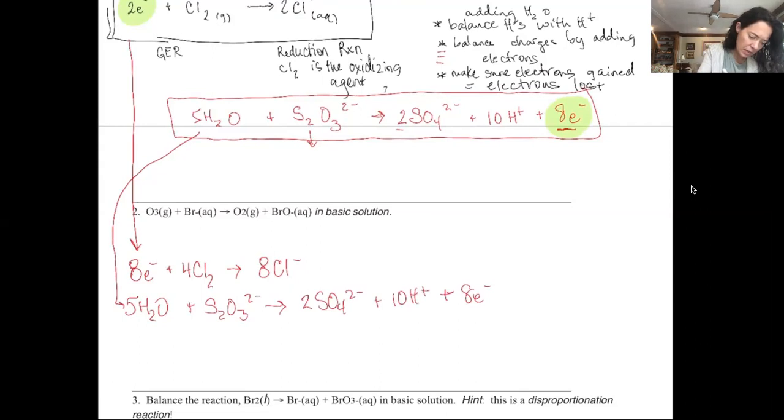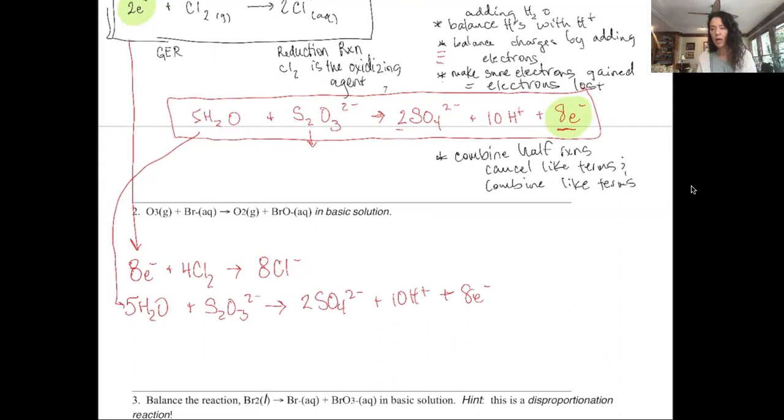Last step is I'm going to combine half reactions, cancel like terms, and combine like terms. So if they're on opposite sides of the reaction, we cancel them. If they're on the same side of the reaction, we add them. So I'm going to go like this.